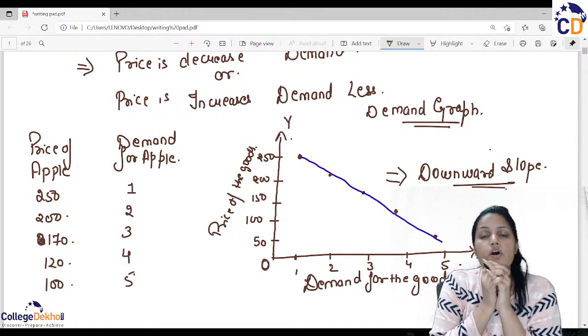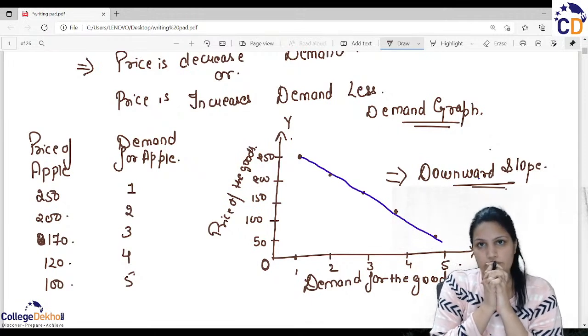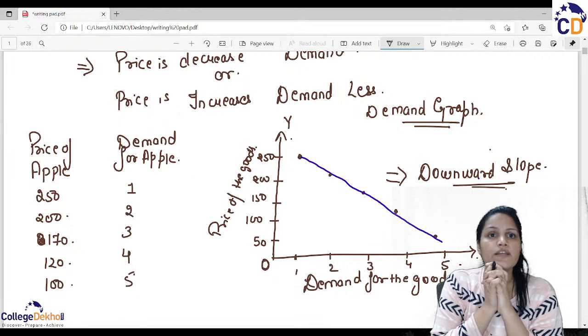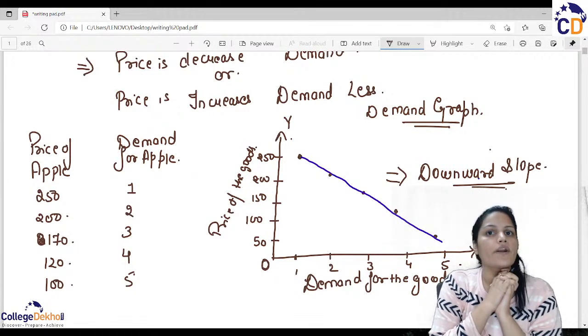What is the thought process of the customer or consumer? They want to purchase more with less amount, and if the prices charged are high, they demand less. So there is an inverse relationship between the price of the goods and the quantity demanded.